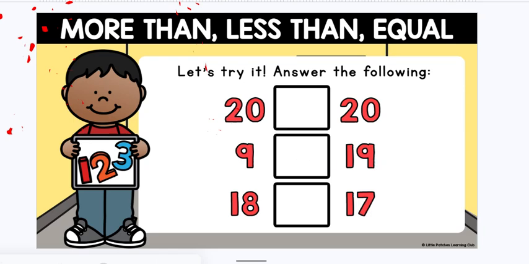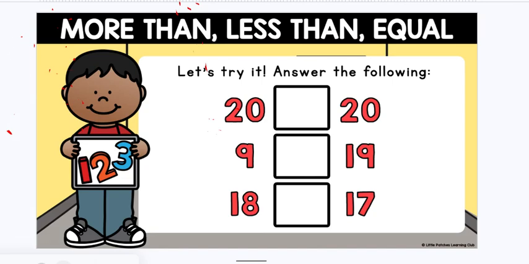What do you think? And 18 is more than, less than, or equal to 17. What's your answer? Think about it. Remember, the alligator eats the bigger number and it points to the smaller number. The point points to the smaller number, okay?